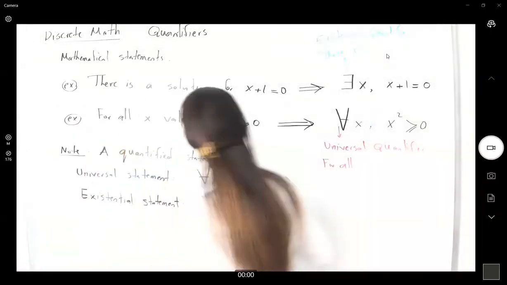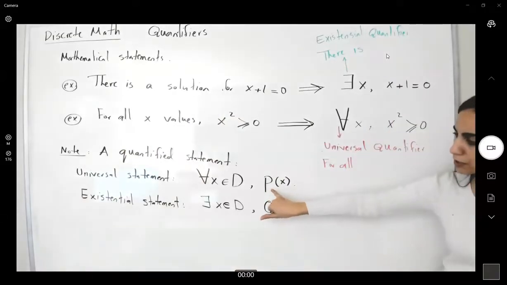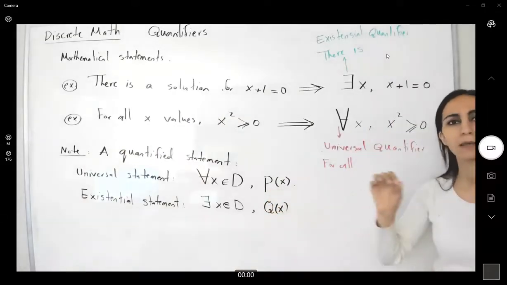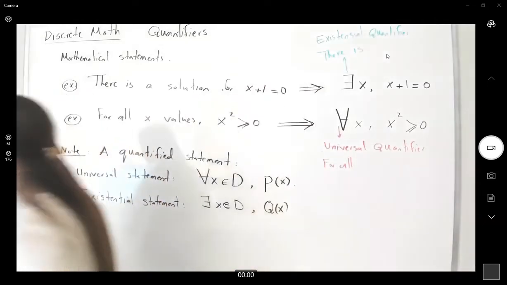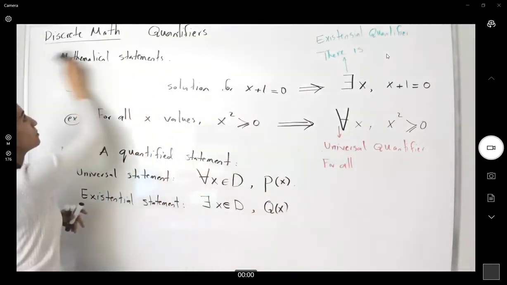Very well. So we usually call P of x and Q of x the predicate. Let's write down the official definition of predicates.